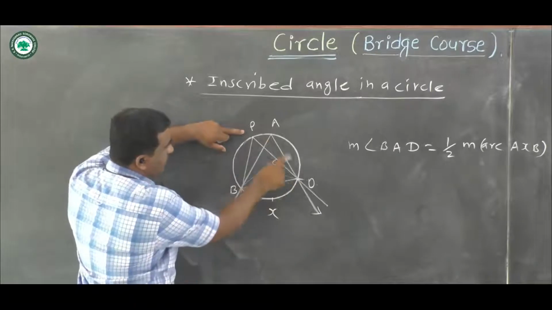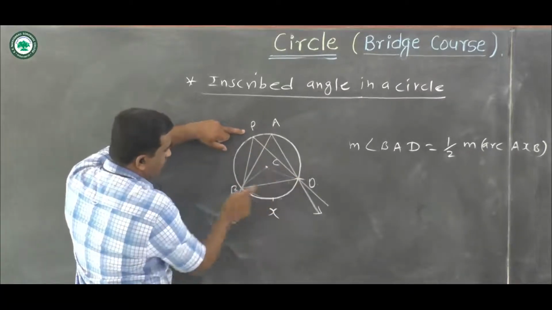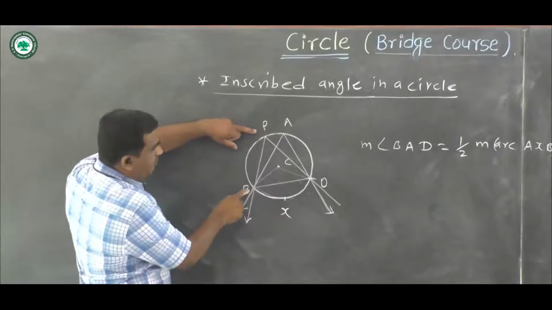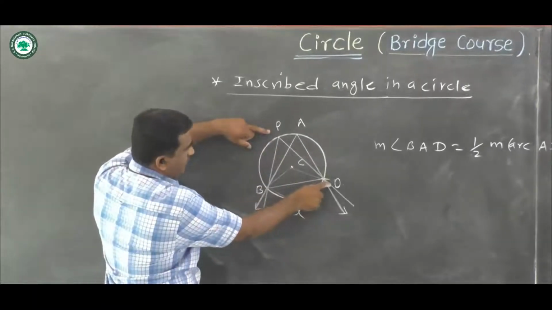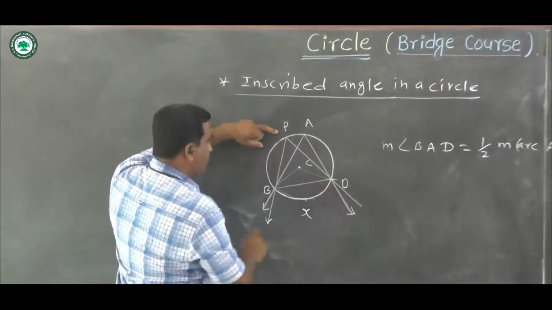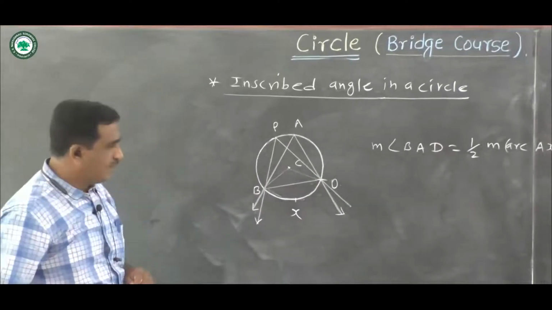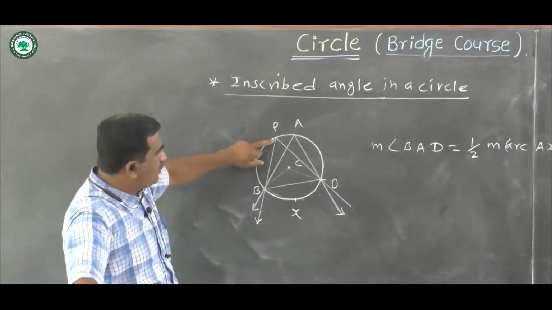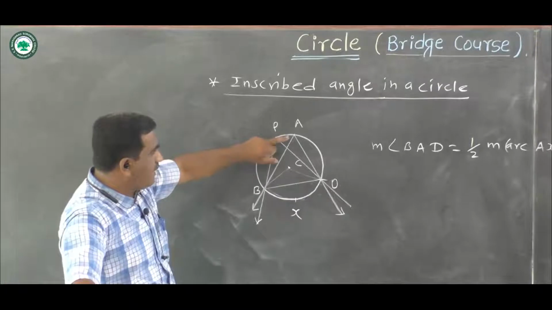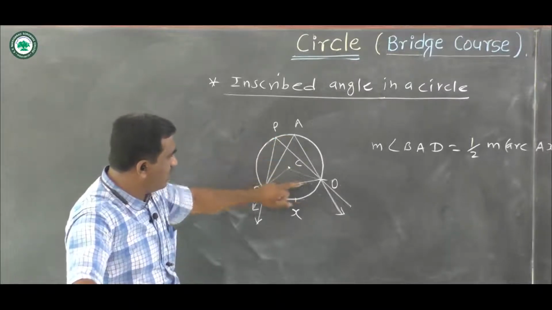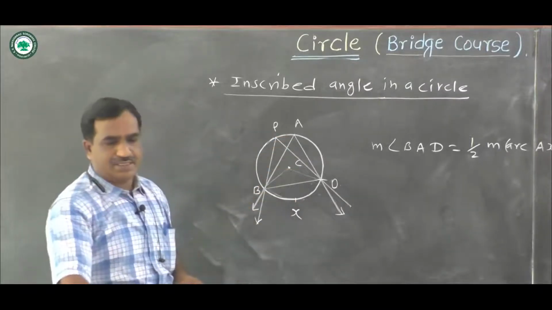First angle is inscribed angle BAD, and second is inscribed angle BPD. Now here chord BD is the same, therefore the measures of these two inscribed angles, angle BPD and angle BAD, are the same.